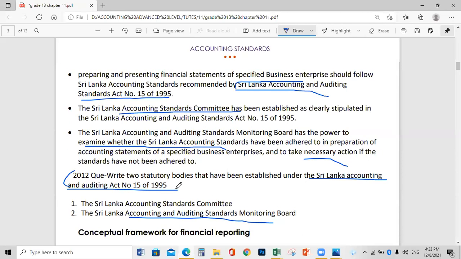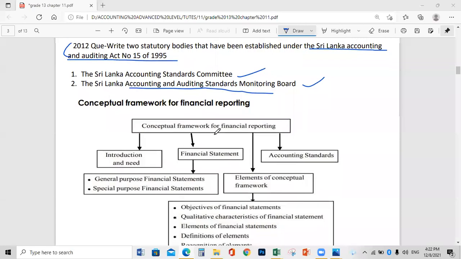The answer should be the Sri Lanka Accounting Standards Committee and the Sri Lanka Accounting and Auditing Standards Monitoring Board. So this committee is the one who prepares the standards. This monitoring board is the one who checks whether the organizations are following what they have prepared. Clear? So guys, that is done.